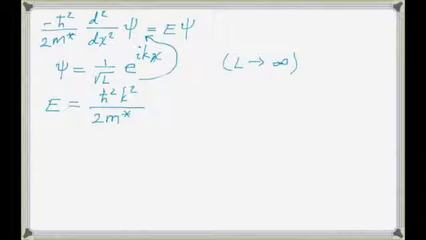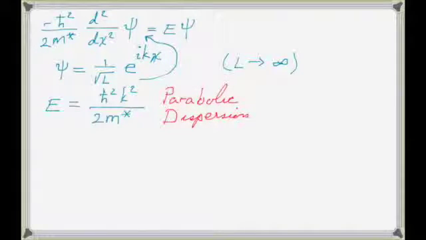And this is my dispersion relationship for the effective mass equation, and it's a parabolic dispersion. It's just a parabola. It has no top. Just like what we were talking about with the photon, it has no periodicity. And it just goes up forever.